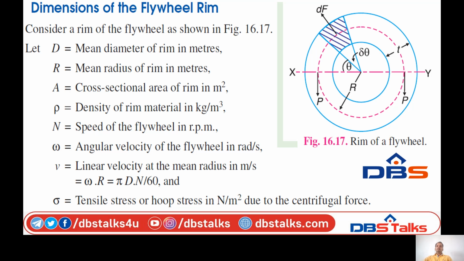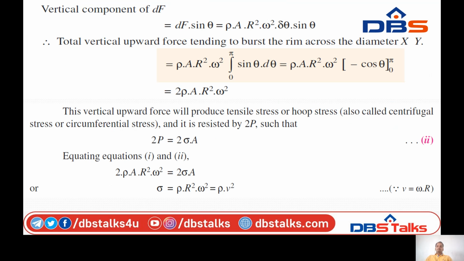The volume of the small element is A into R delta theta, and the mass of the small element is density into volume, so rho into A R delta theta.